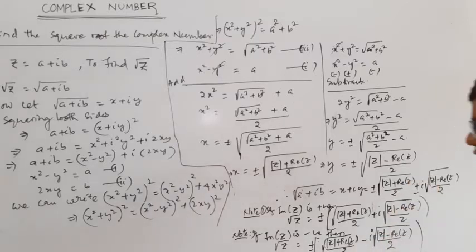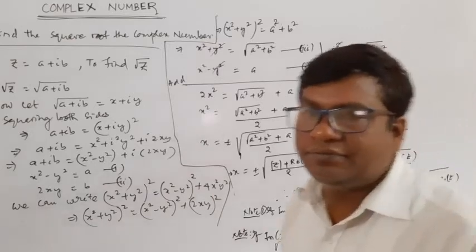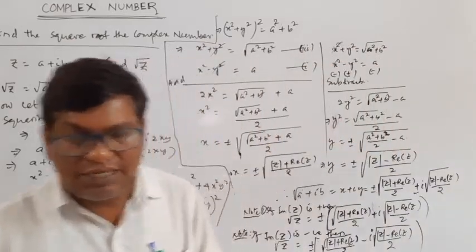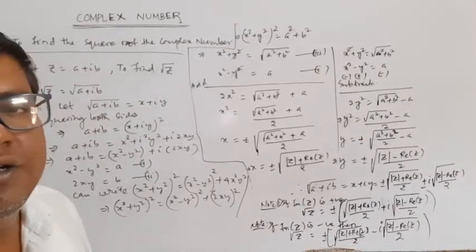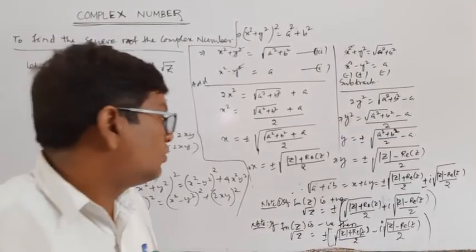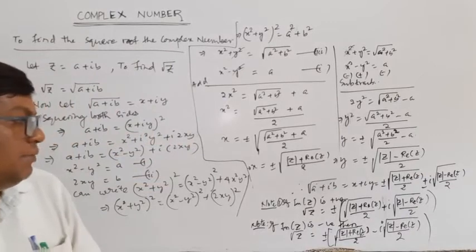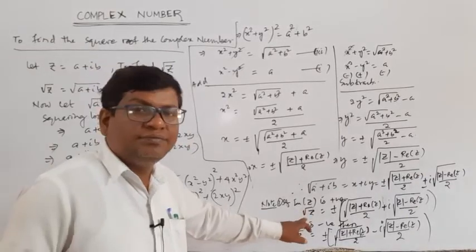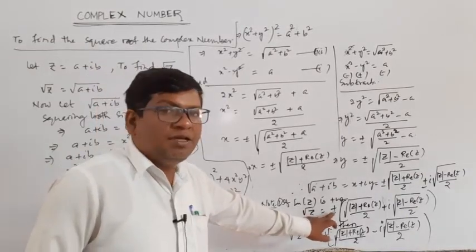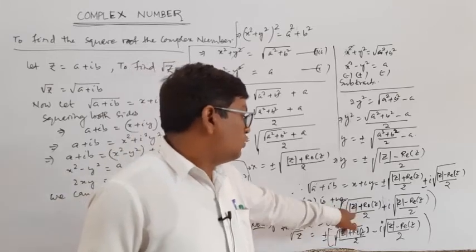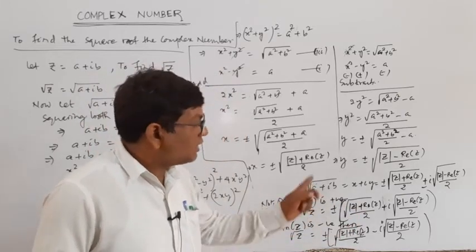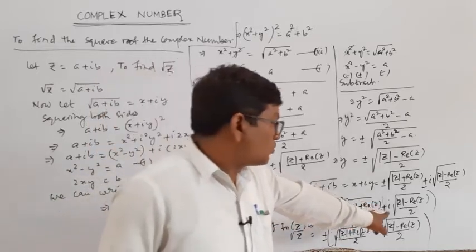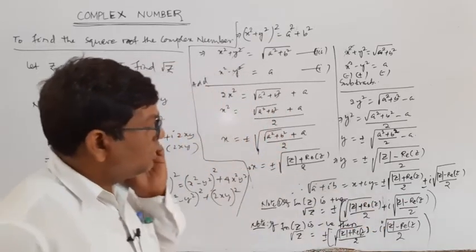It depends on the sign of the imaginary part. Two cases arise according to the sign of the imaginary part. If the imaginary part of z is positive, then plus or minus square root of mod z plus real part of z by 2, plus i into square root of mod z minus real part of z by 2.